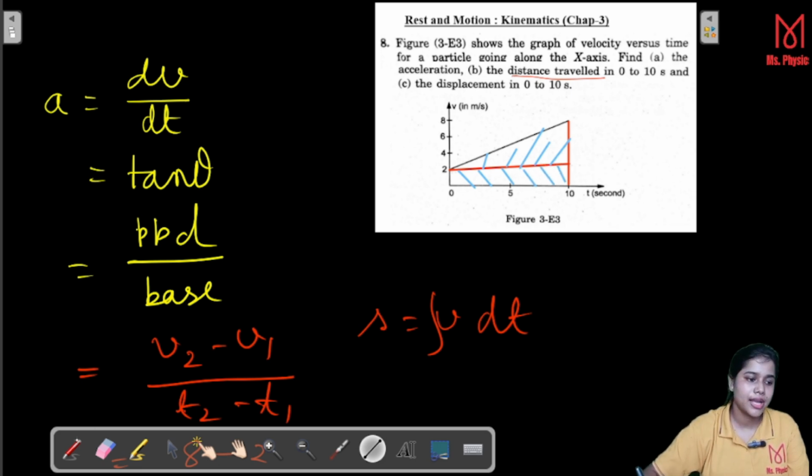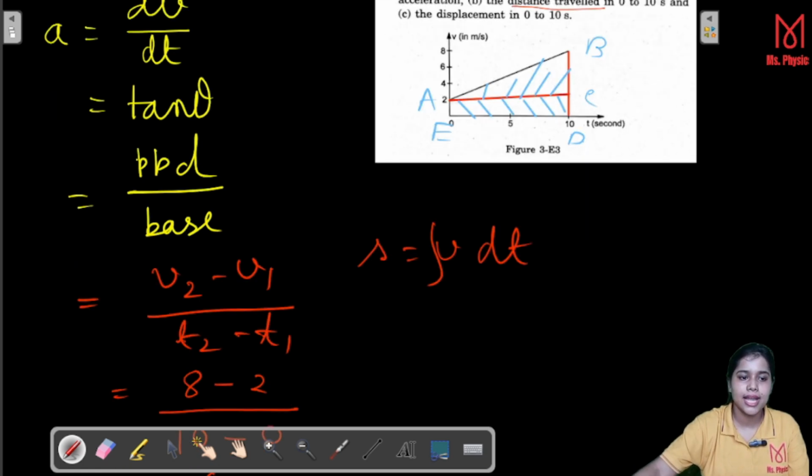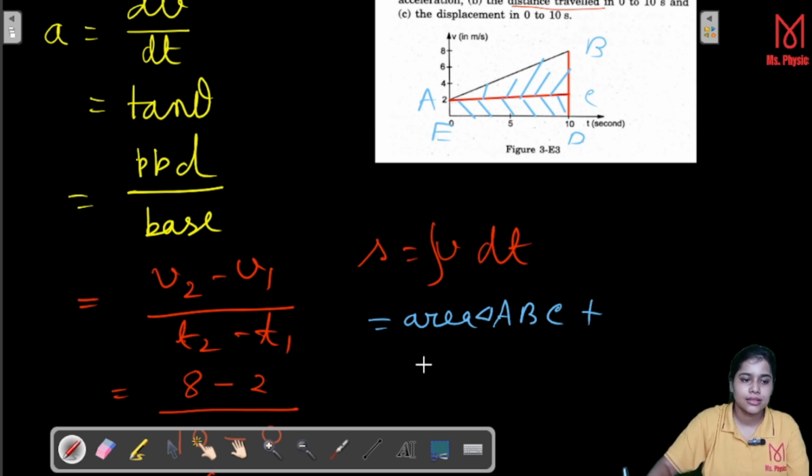If I give some names like A, B, C, D, E, then the area would be the area of triangle ABC plus the area of ACDE, isn't it?